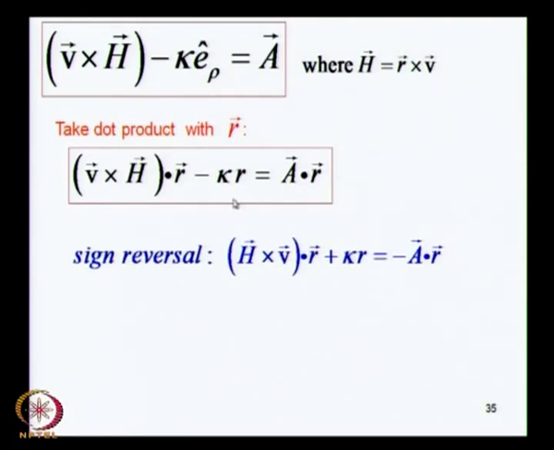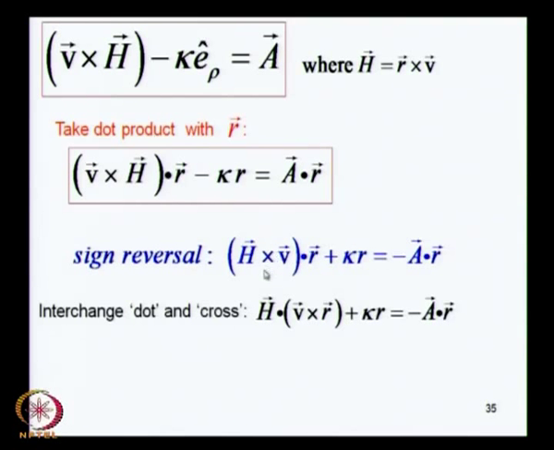Now let us reverse the signs in this equation. So instead of v cross h, I have h cross v in the first term. Instead of this minus sign I have a plus sign over here, and on the right hand side I get a minus sign over here. So I just do a sign reversal, and now I have a triple product, and I can always interchange the cross and the dot. So let us do that.